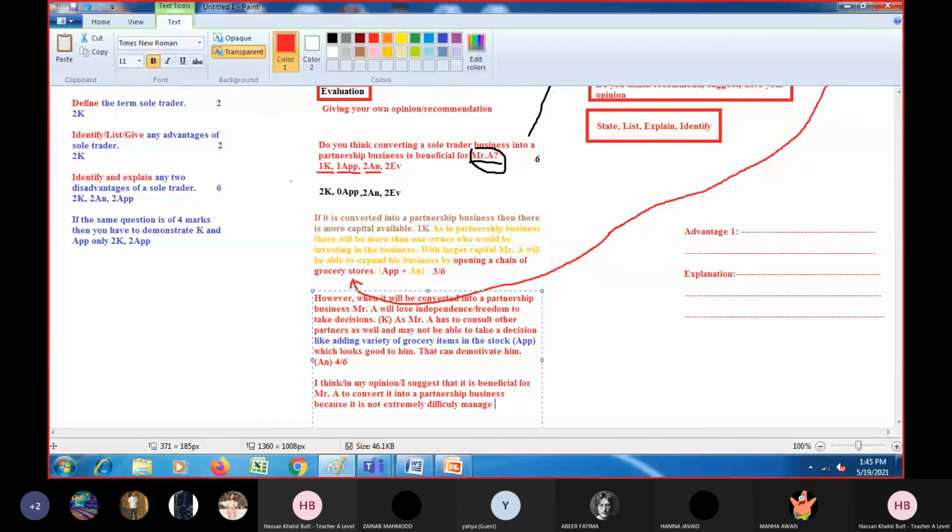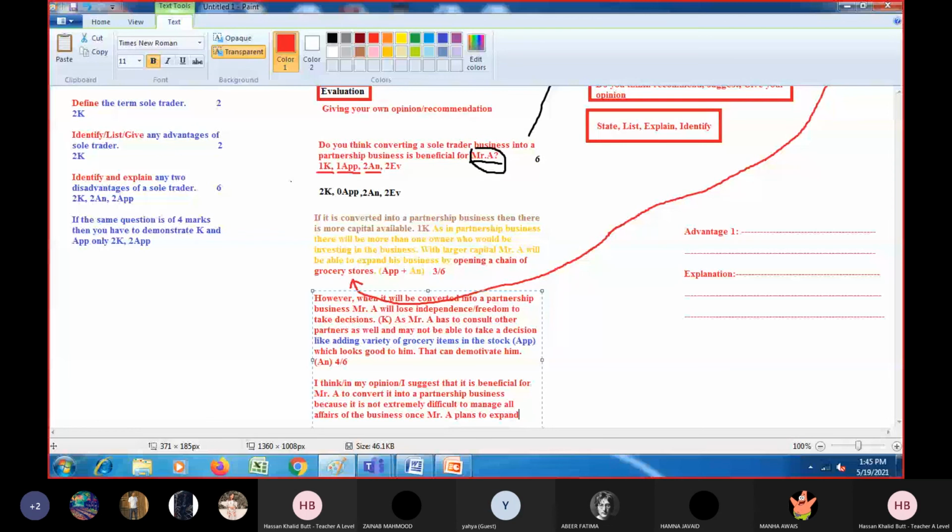So, by adding a partner or two, a lot of responsibility will be reduced from the shoulders of Mr. A, and the business will be better managed as well, right?